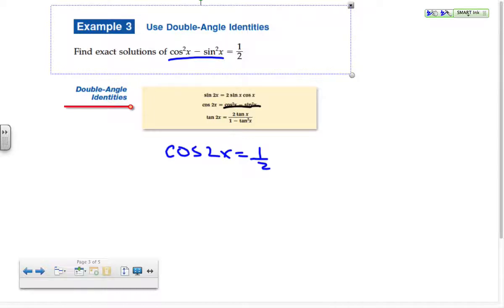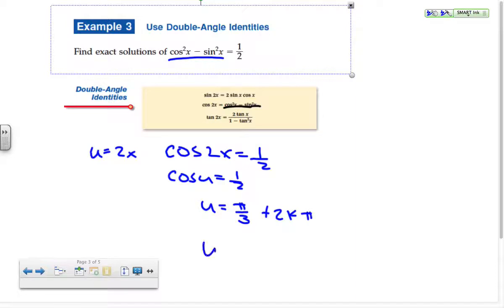Now I'm going to use the u, cosine of u, where u equals 2x, equals 1/2. Alright, so where does cosine equal 1/2? It does at pi over 3. Use your triangles if you need to. So the inverse of cosine of 1/2 is pi over 3. So I end up with u equals pi over 3 plus 2k pi, and u equals negative pi over 3 plus 2k pi.